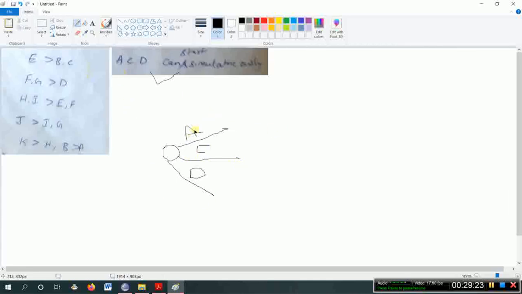But where is B here? So B you have to find here. So B is here. That is B greater than A. So A is a predecessor, B is a successor. After completing A only you have to start B. So complete A and start B. This is over.